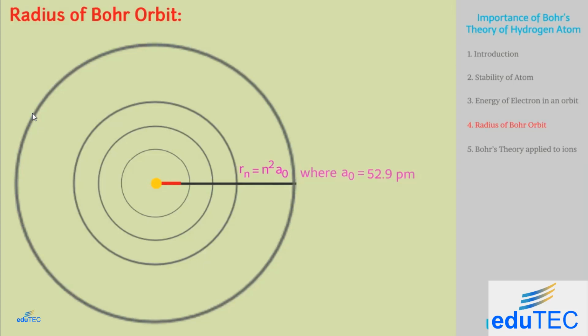Therefore, radius of first orbit R1 is equal to 1 square into A0, which is equal to 52.9 picometer. As the value of n increases, the radius increases, and so electrons always remain away from nucleus.